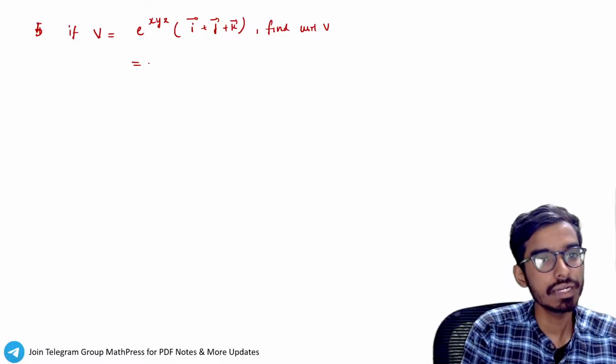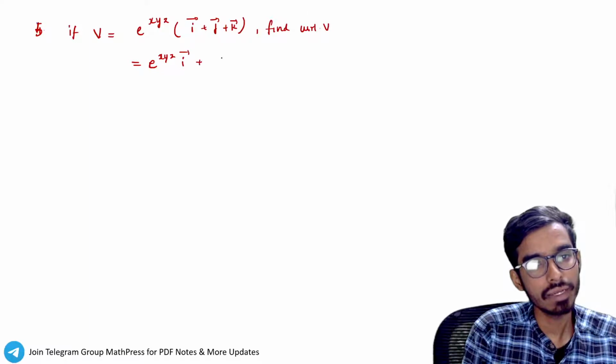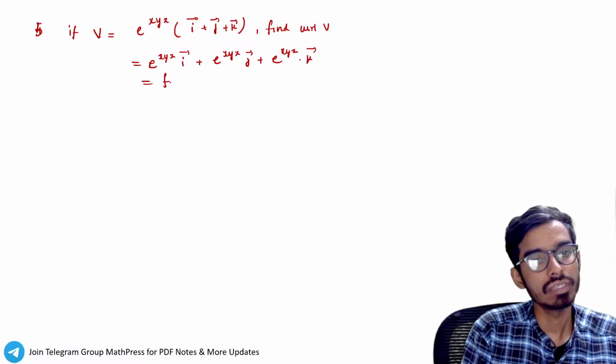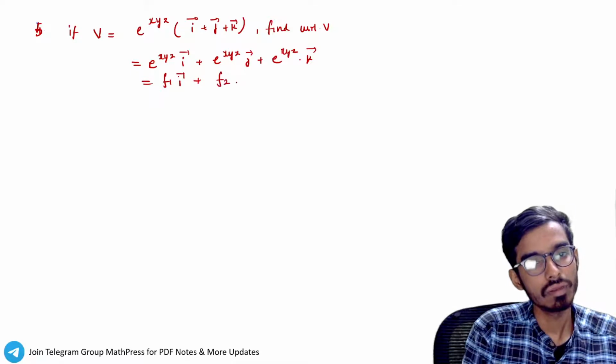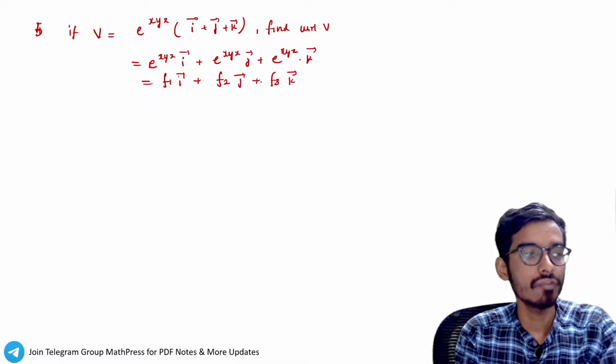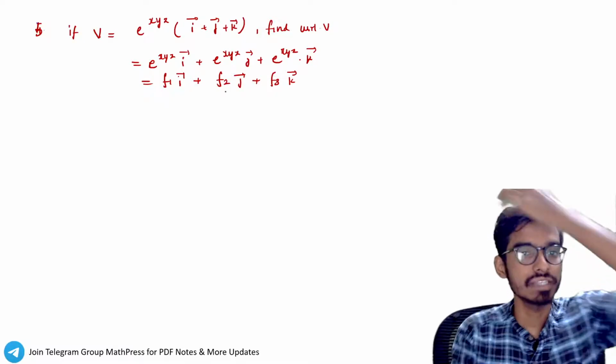So this is f1 i vector, f2 j vector, f3 k vector. So f1, f2, f3 all are e power xyz here.